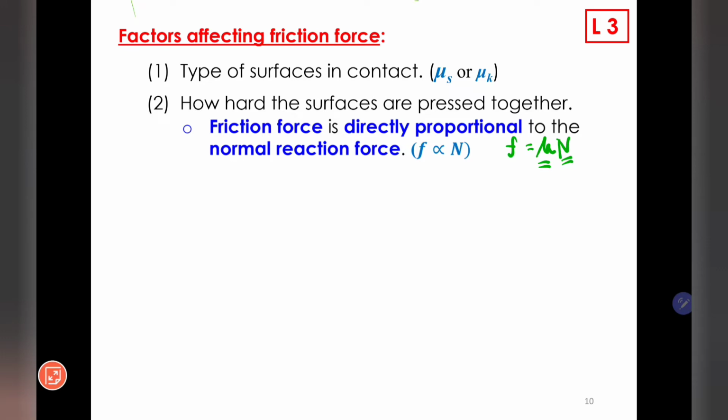When these two objects are pressed together with a greater or stronger force, it means that N is also greater, isn't it? So for this case, by having greater N, automatically F is also greater. So F depends on N, where N now depends on the pressure given here. Alright?